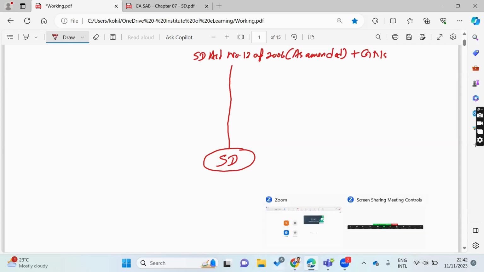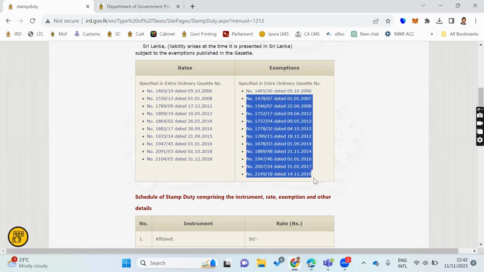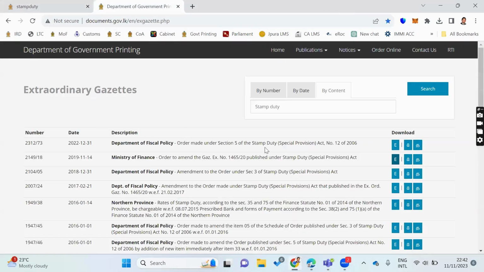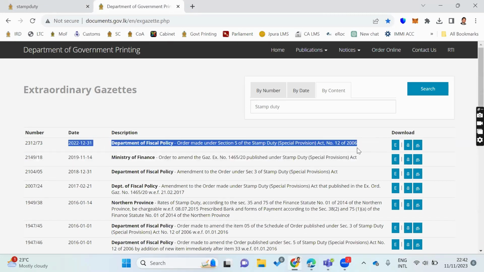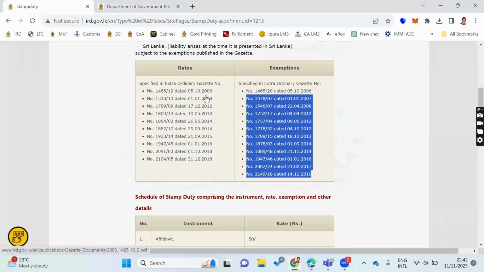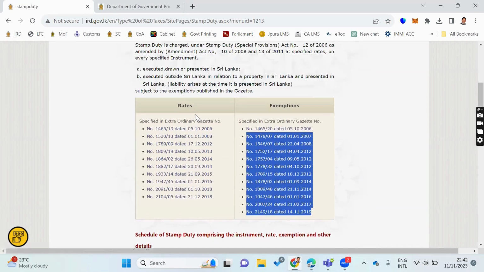The Gazette notifications are also available on the Inland Revenue website. They cover Gazettes from 2006 onward till 2019. There's another recent one, 2020. Yes, this is the one, 2022, the recent one. There are many amendments with the Gazette notifications, and then there are amendments as well. So you need to refer to them if you need more knowledge on stamp duty, right?